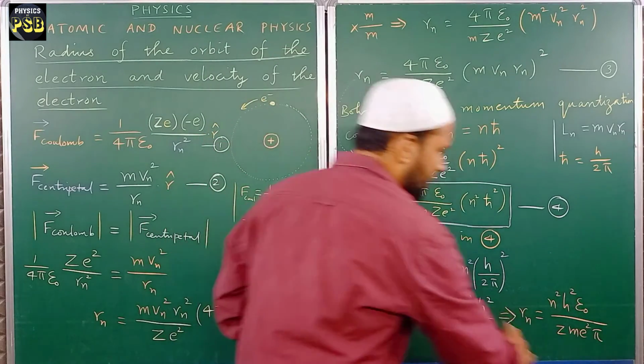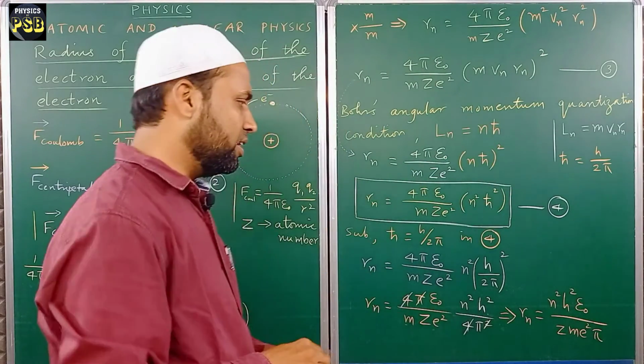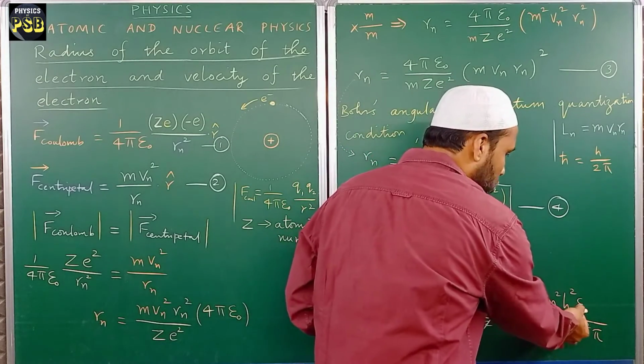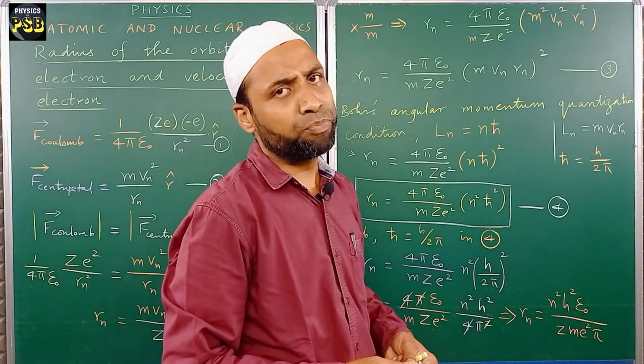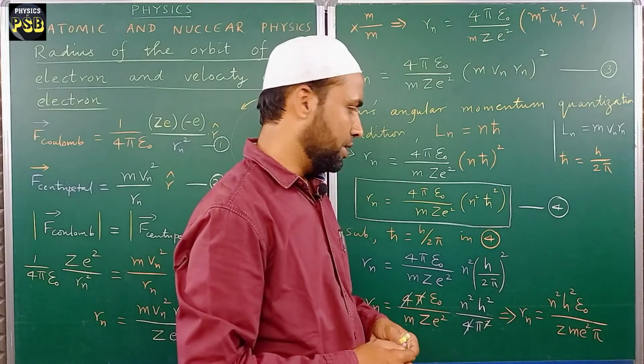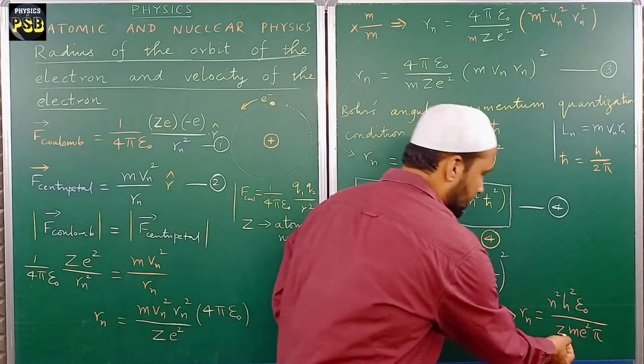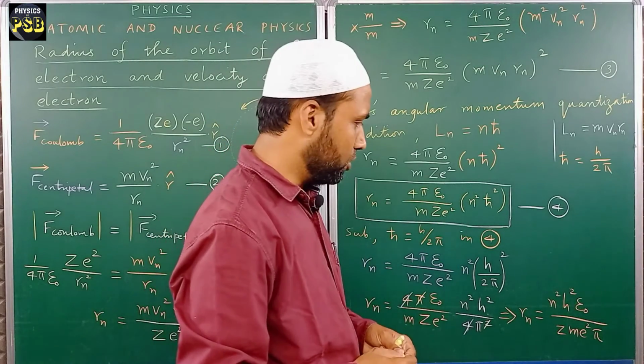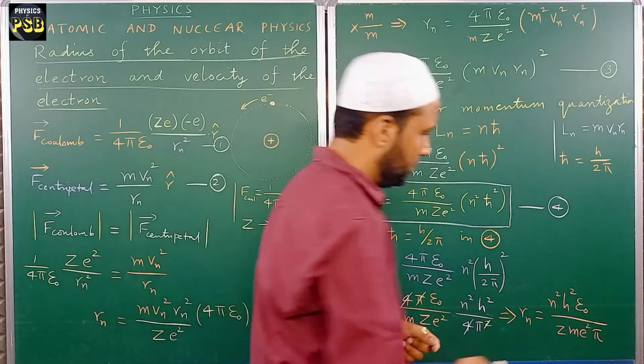Now if you look at this expression carefully, you may find that here h is Planck's constant and epsilon naught is the permittivity of free space. Again it is a constant. Z is the atomic number. For a given atom it is a constant. Then we have m.